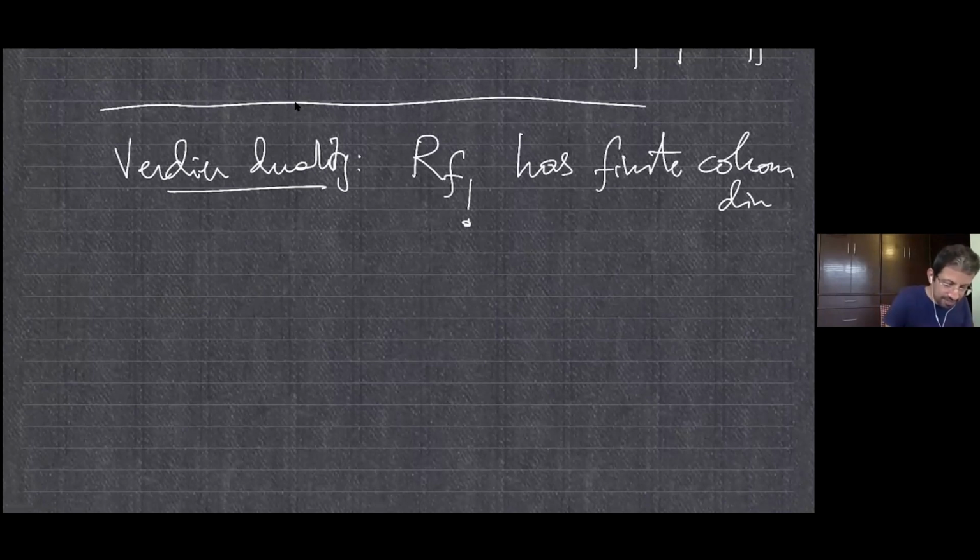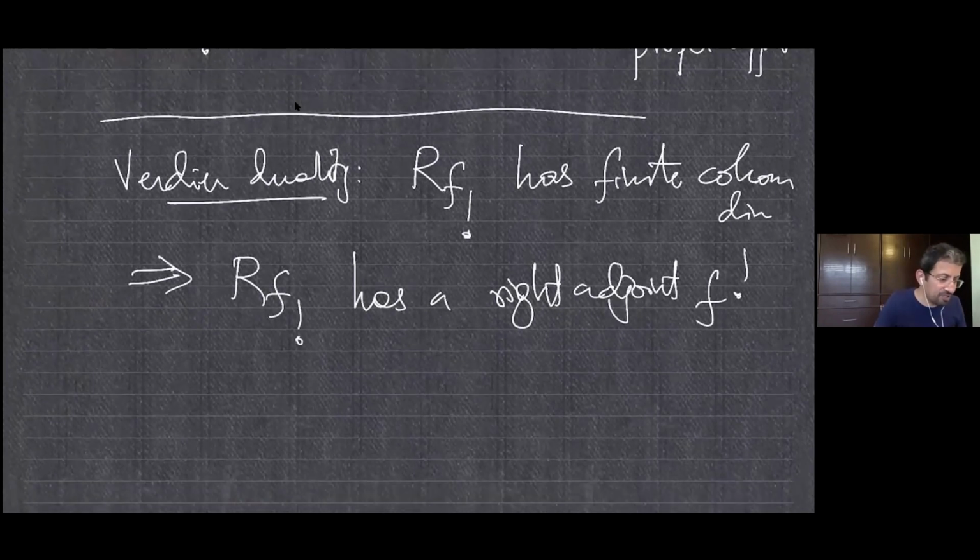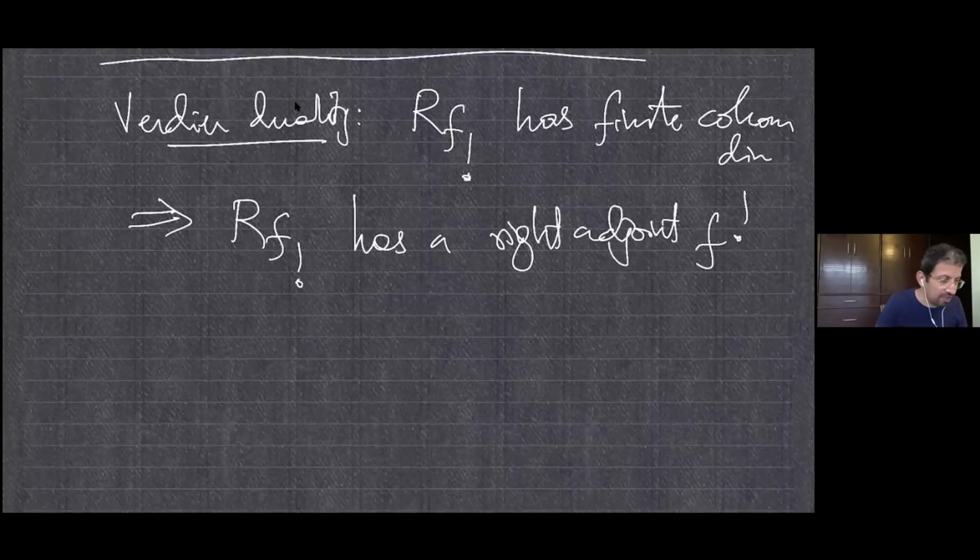Then this implies Rf lower shriek has a right adjoint. We are not saying f lower shriek has a right adjoint; we are saying Rf lower shriek has a right adjoint, so this is a derived version. In fact, expecting a right adjoint for f lower shriek is too strong, and it will fail.